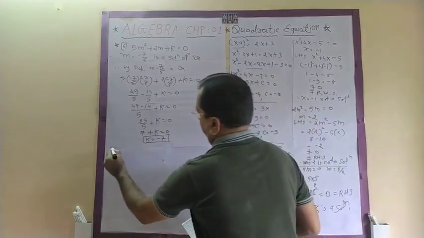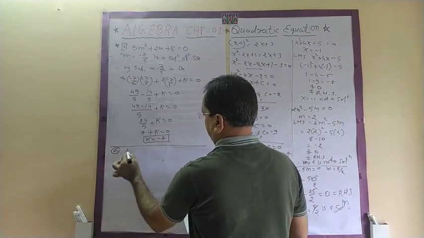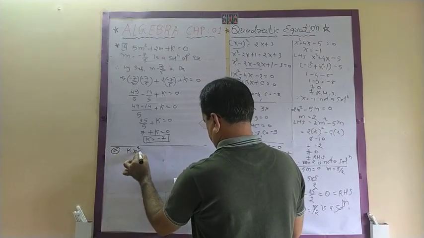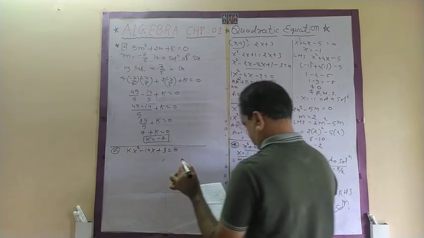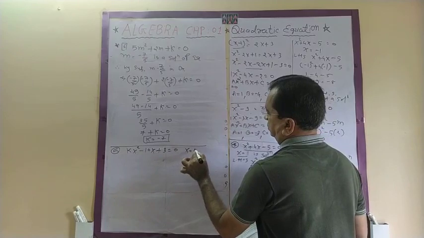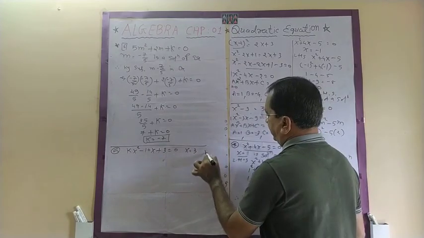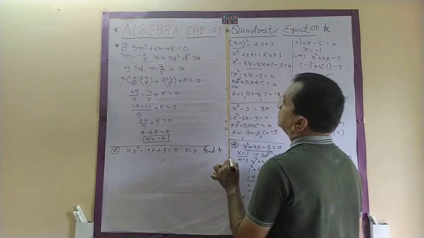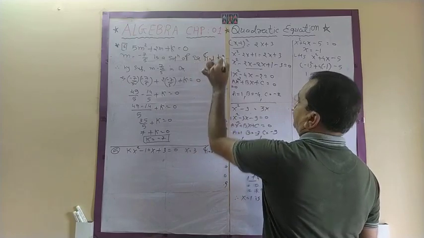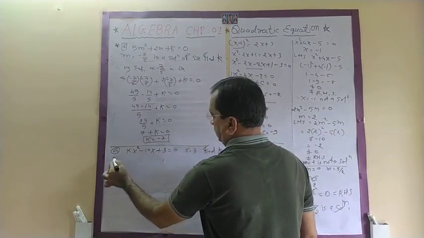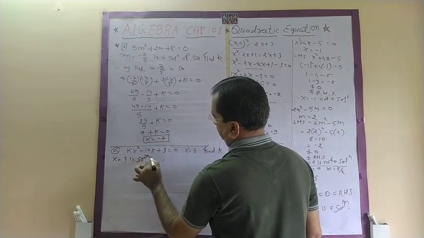One more is given in the fifth sum. kx square minus 10x plus 3 is equal to 0 and x is equal to 3. If it is a solution, find k. So x is equal to 3 is a solution.